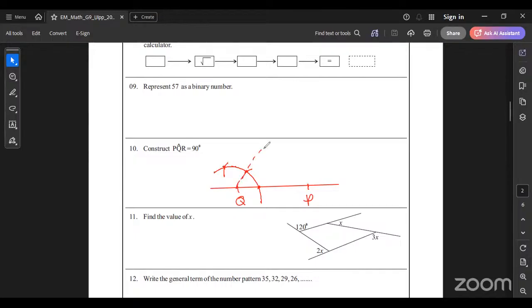This is 60. This is 120. Then bisect 60 and 120. Put the compass point here. Take half of this line, like here.